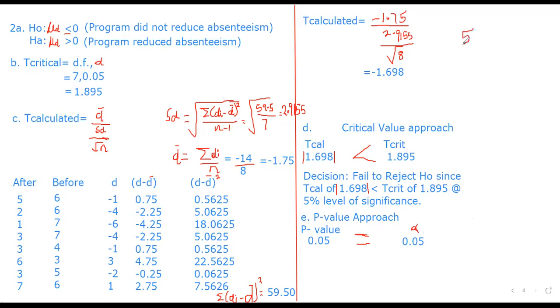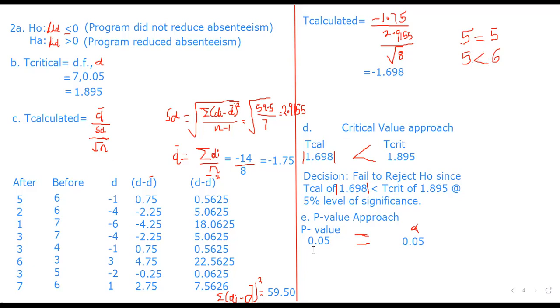Okay, 5 is equal to 5. How can you tell me 5 here is less than 5 or greater than 5? No, they are equal. But the rule says that if the p-value is less than alpha, then you should reject. But this one, they are equal, so you fail to reject because it's not matching the rule.